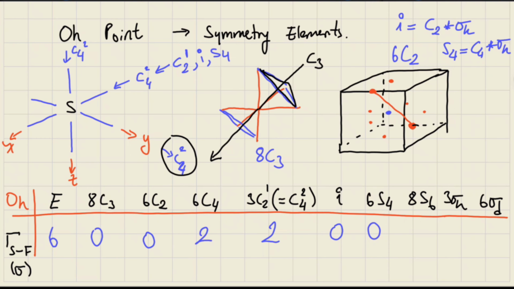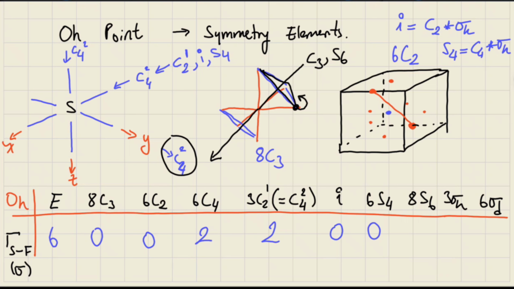We have S6. Seeing S6 might be hard, but it is the same logic. For instance, if we try to apply it, we put this thing here, since we rotated 60 degrees, right?